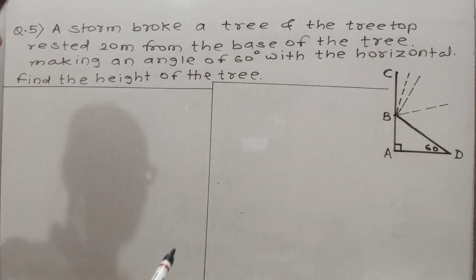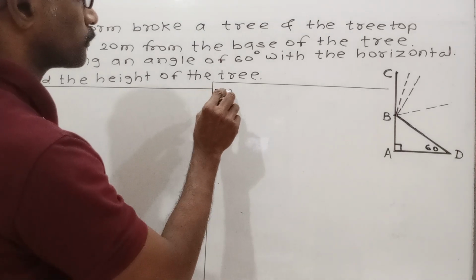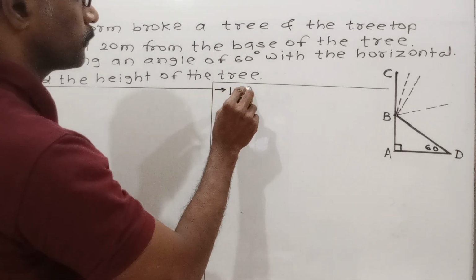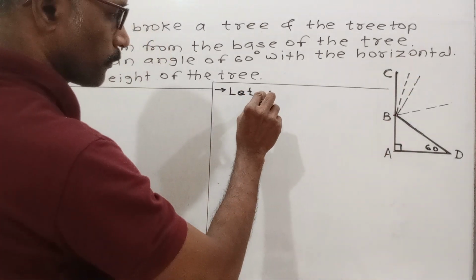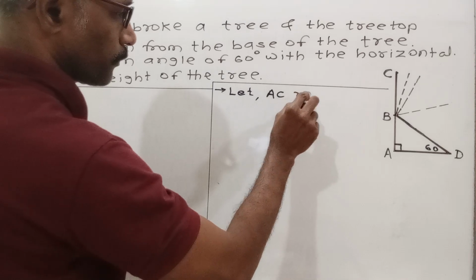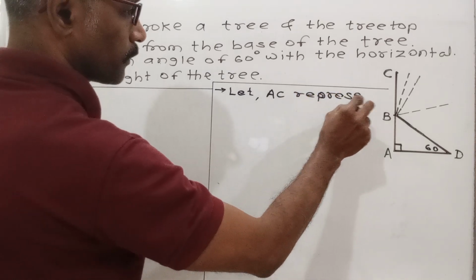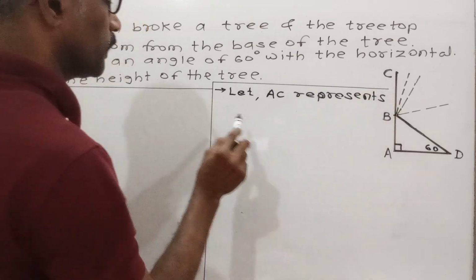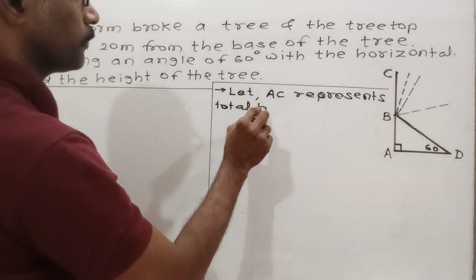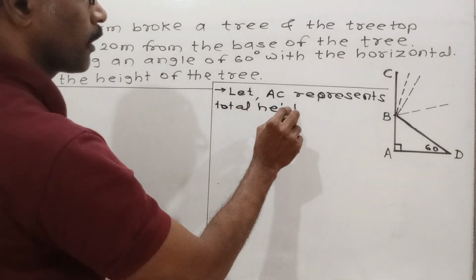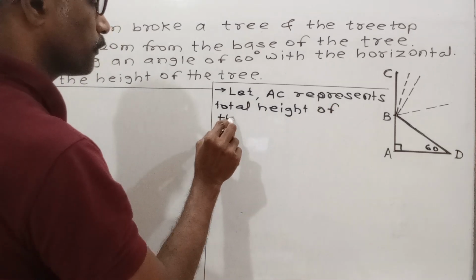Okay. Therefore, we write here first, our answer: let this AC represent the total height of the tree.